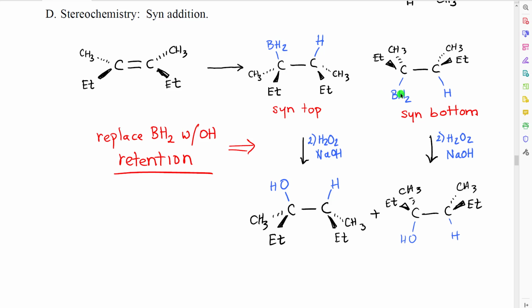Similarly here, the boron would be replaced with an OH on the bottom face, so they would stay syn. So, as we pointed out, in these syn and anti reactions, because we can approach from 2 different directions, we get a mixture of mirror images at the carbons that are formed. In this case, because there are no other chirality centers, these would be enantiomers of each other.